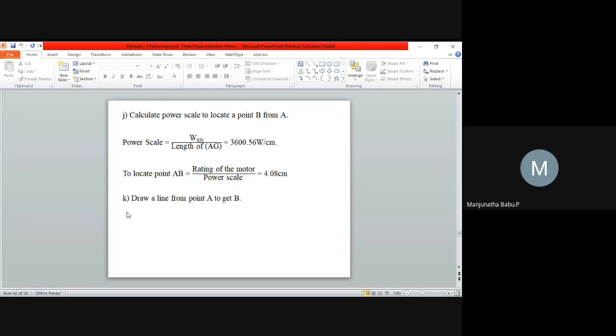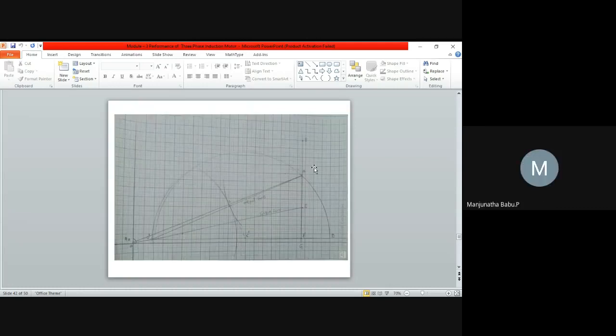Now draw a line from point A to get B, that is this value 4.08 as shown in this graph. From A, open the line which gives you the value 4.09 or 4.08. Drawn?